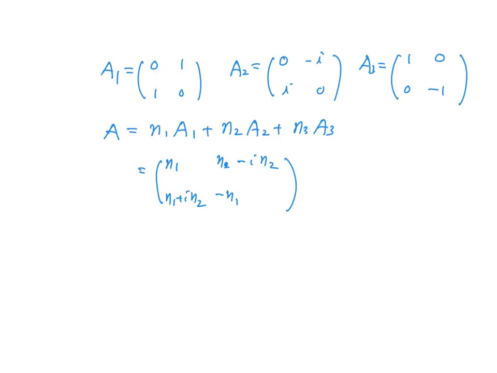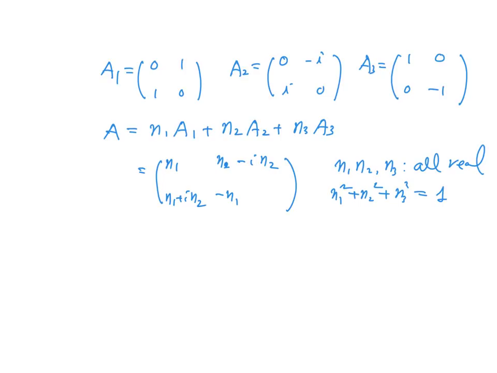That's your matrix A. And I put the condition that n1, n2, n3 are real, and also n1 squared plus n2 squared plus n3 squared is equal to 1. So that was the condition for the constants n1, n2, n3, the expansion of this matrix.